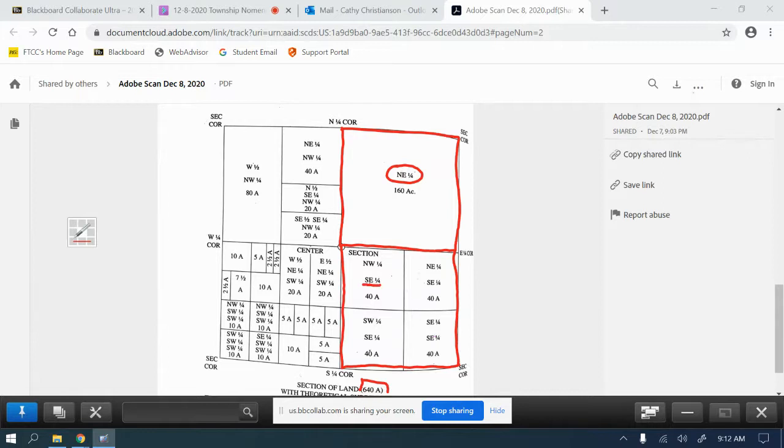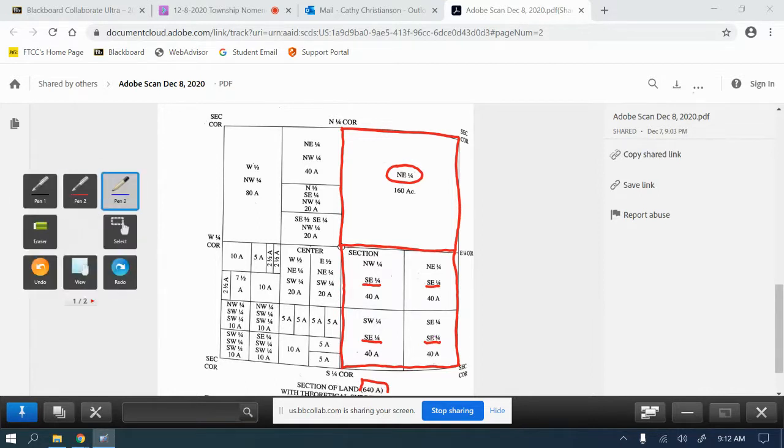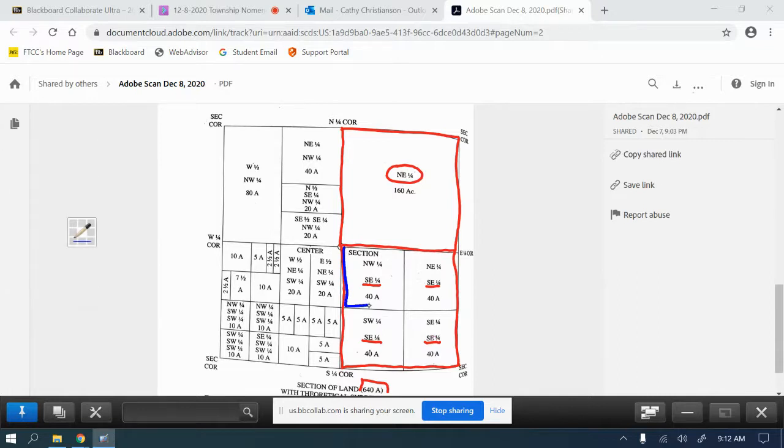So I'm going to underline, and you notice that the southeast is the bottom number. Then they broke down the southeast 1/4. They broke it down into sections there. I'm going to put those in blue. So in other words, out of this section here, this is the northwest 1/4.